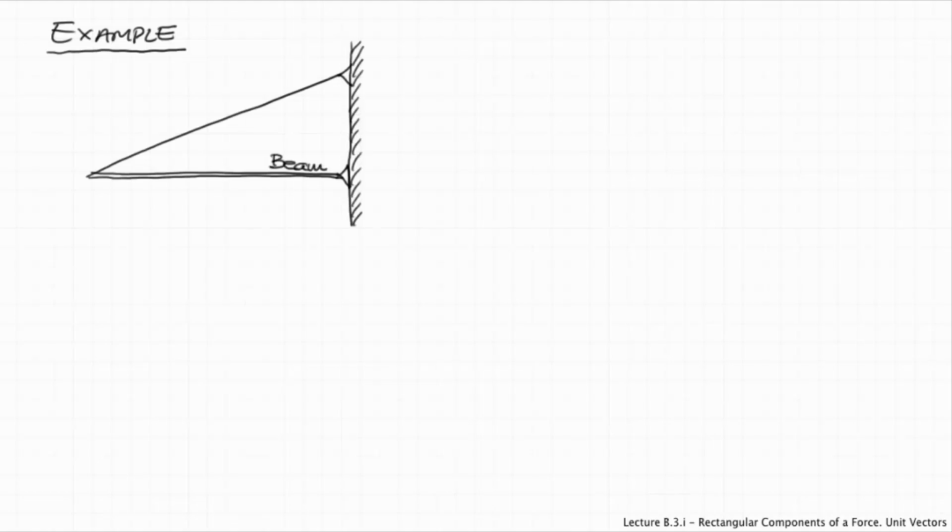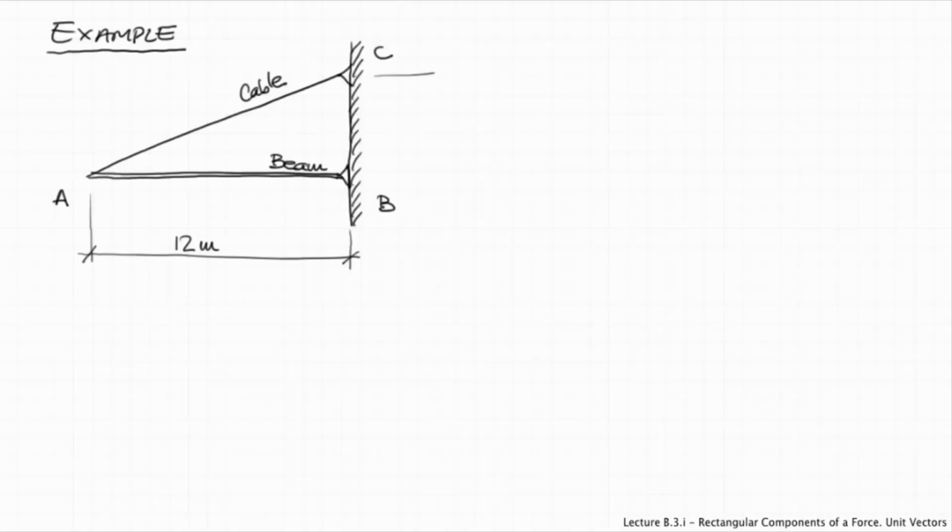This is the beam and this is the cable, of course. The beam and the cable are joined at point A and attached to the wall, as you can see here, at points B and C.